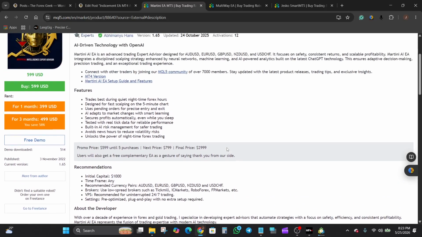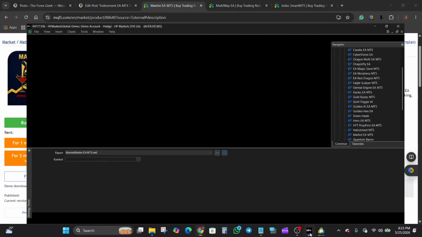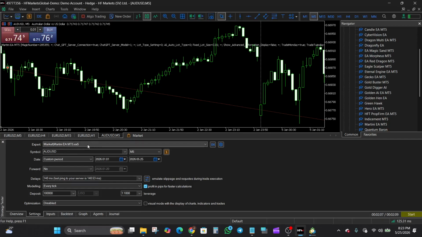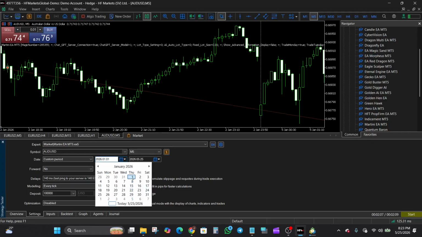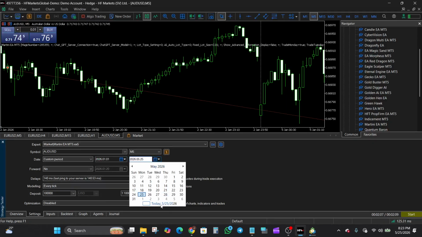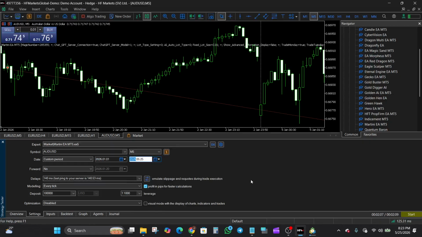So we're going to head over to the strategy tester right now, the Martini EA MT5. We are testing it on AUDUSD on the M5 time frame from the start of this year, 1st January 2026 till date, so we can get reasonable data for the backtesting. And for the delays, we are using the last ping to the server, with every tick modeling.